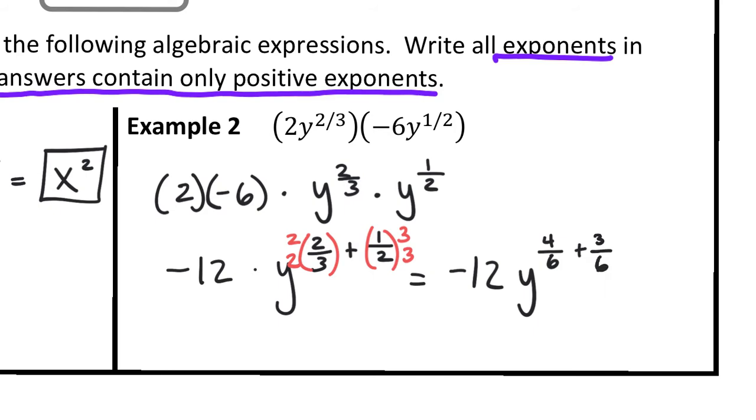Now the denominators are the same, so the numerators can add, and I end up with negative 12y to the 7 over 6.